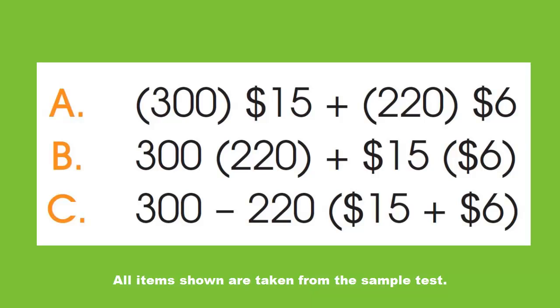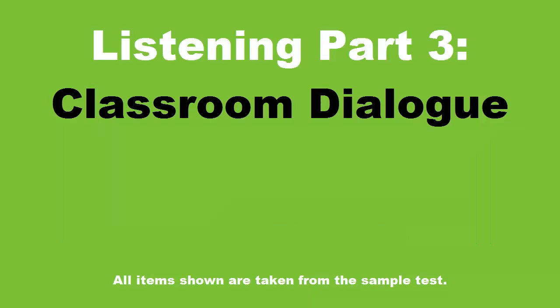To figure out the total amount of money earned, you need to multiply 300 adults by $15 and multiply 220 students by $6. Then you need to add the 2 quantities together. Which expression should you use? The students hear this prompt twice because they have to listen to the detail and match the language they hear to the math expression they see.